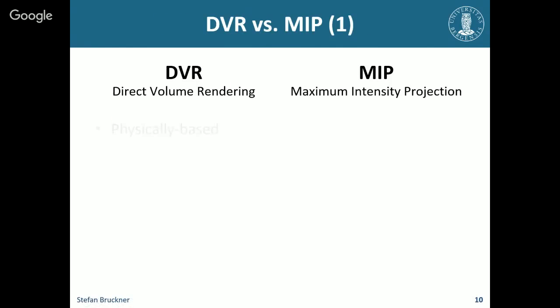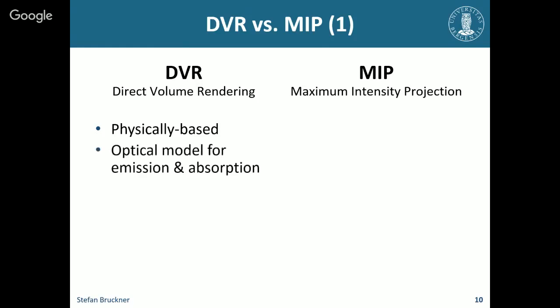DVR, in essence, is a physically based method. It's a simplified simulation of emission and absorption in participating media, while MIP is practically motivated. It's based on the fact that CT scans are done using a contrast agent.